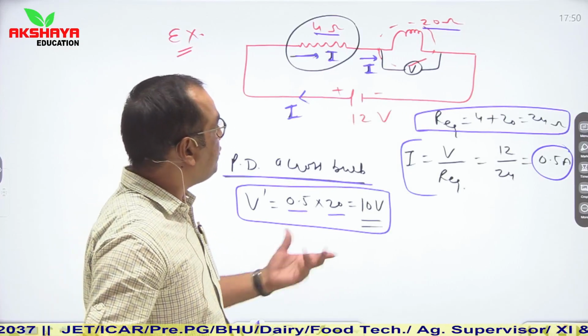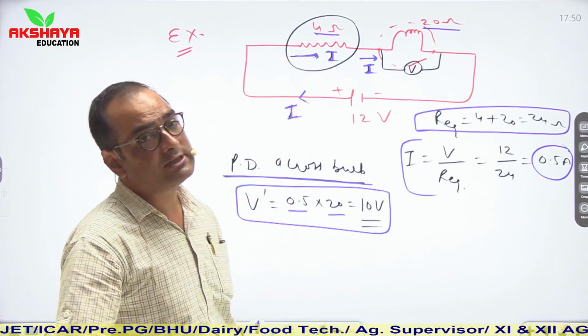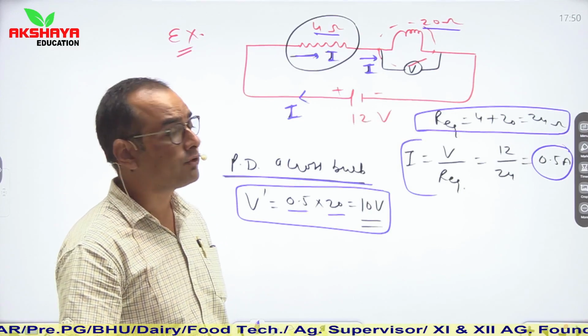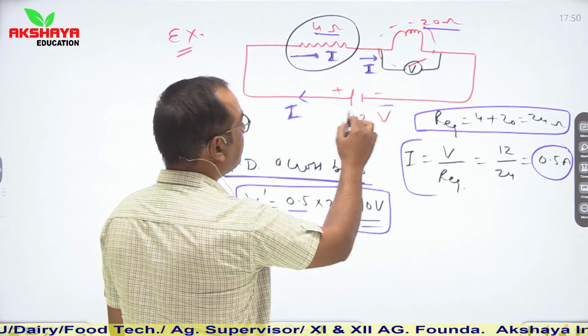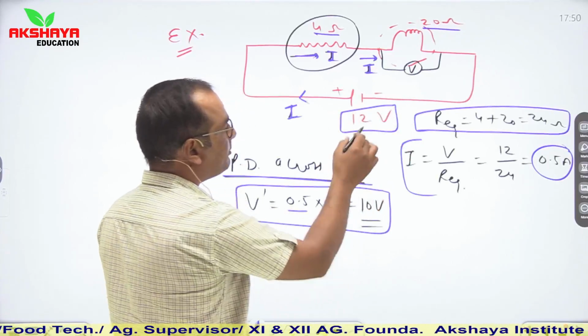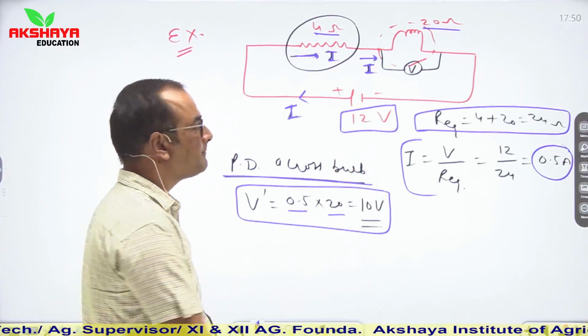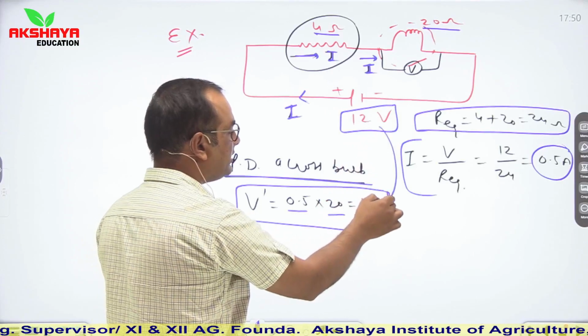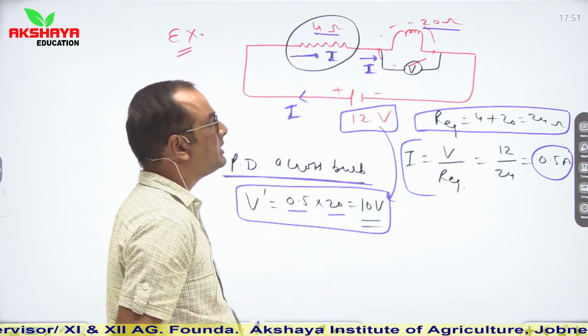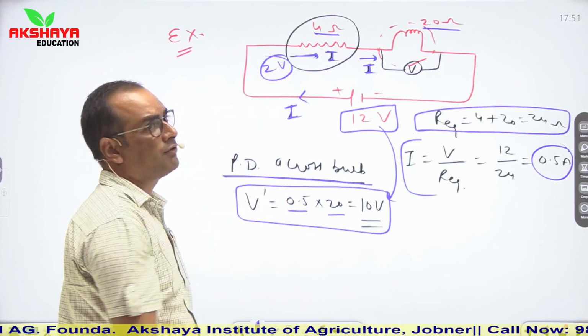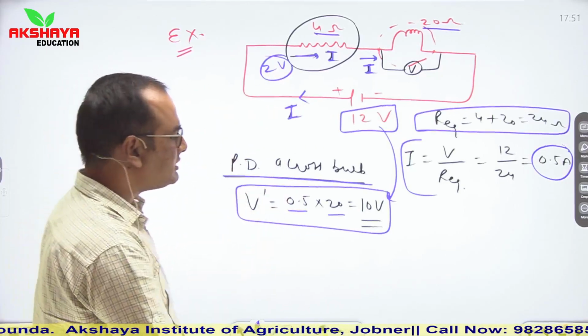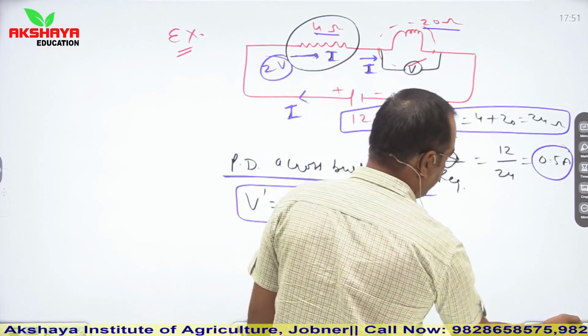If you are also asked the potential difference across this conductor of resistance 4 ohms, it can be calculated by a simple concept. Total potential difference of the source is 12 volt. Out of that, 10 volt is across the ends of this bulb, so the remaining 2 volt is across the resistance of 4 ohm. So this is another pattern of question.